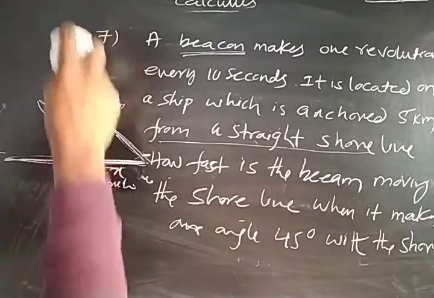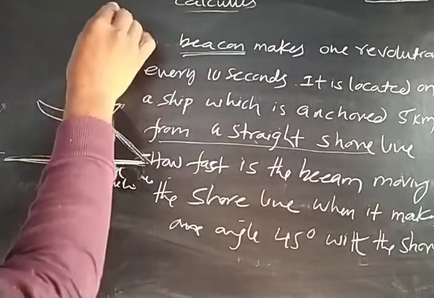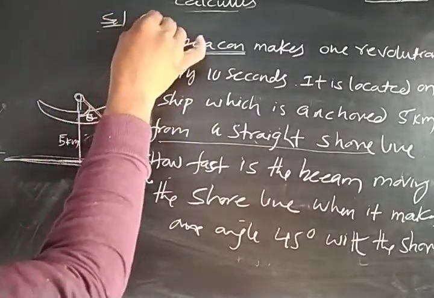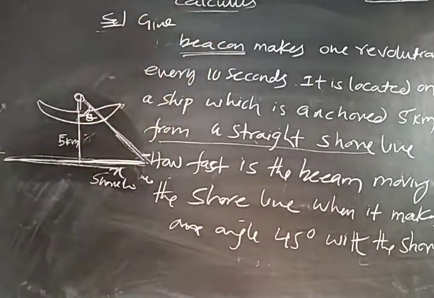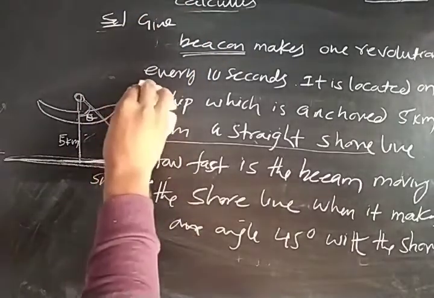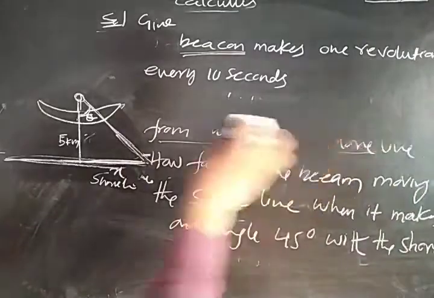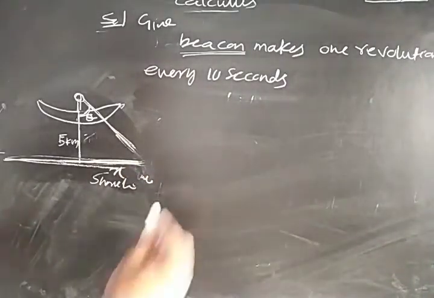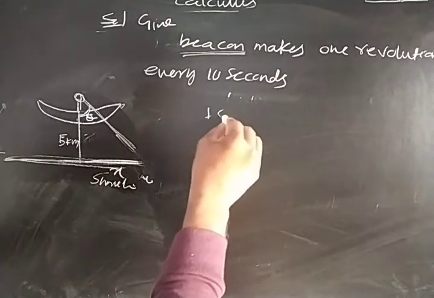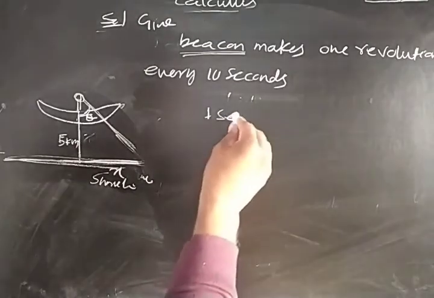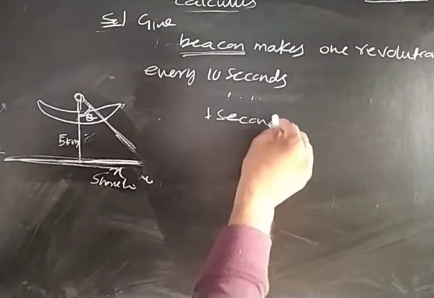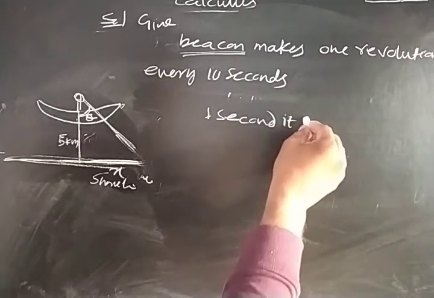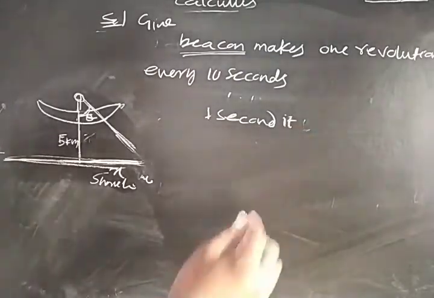Given that the beacon makes one revolution in every 10 seconds. So in 1 second, how much revolution will it complete?